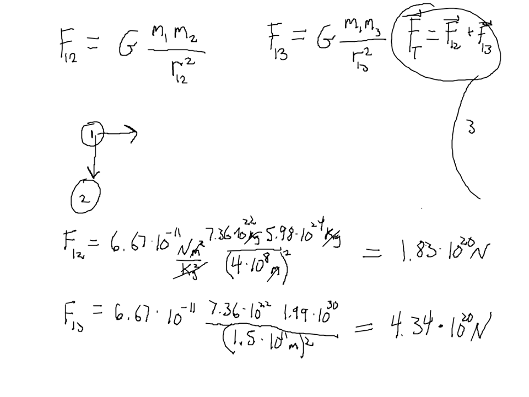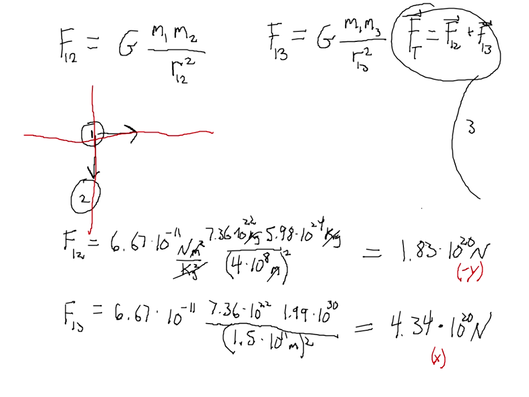So if we make our coordinate system like this, centered at the moon, then you can see that the Earth-Moon force has only a y component, and in fact it would be in the minus y direction, and that the Sun-Moon force has only an x component, and that it would be in the positive x direction.